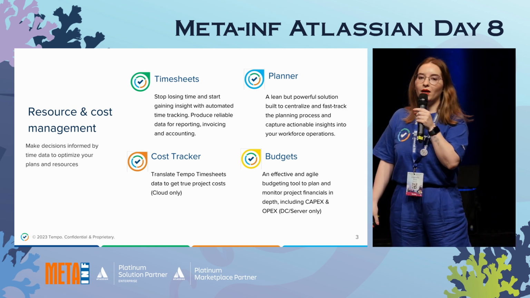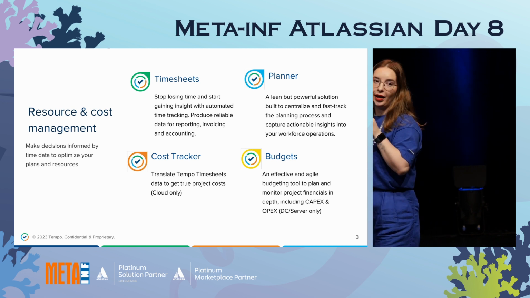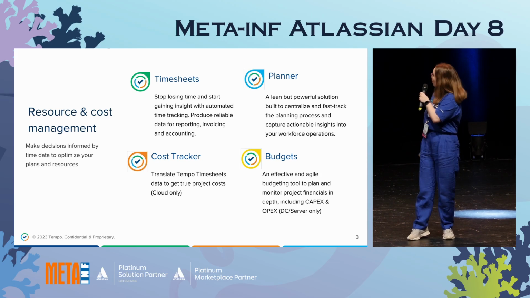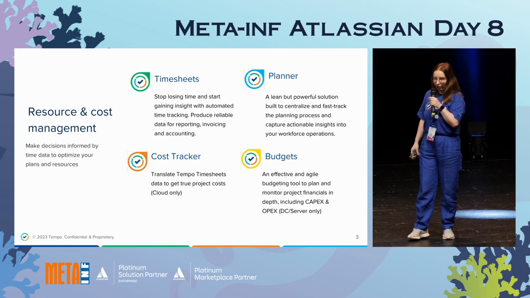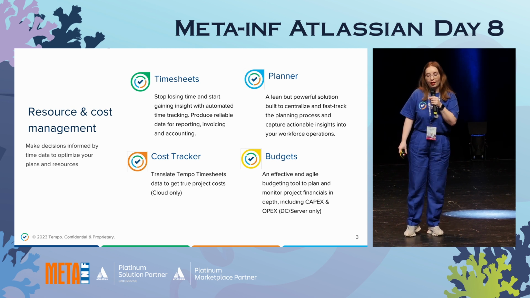First we start with Planner to do the initial resource and capacity planning. Then we move on to Timesheets to track your time, to see where time really goes and to which tasks you devoted it. Then we have tools for financial tracking, which is Cost Tracker, and it operates on cloud. And we have Budgets, which are for data center.